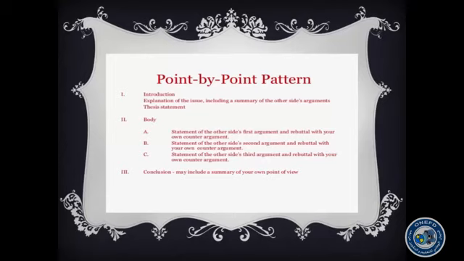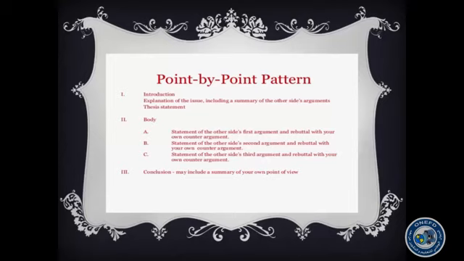First, you have the introduction and the conclusion. In the introduction, you explain the issue, you include the summary of the other side's arguments, and of course the thesis statement. And in the conclusion, you also make a summary of your point of view. But the body is quite different from that of the block pattern.